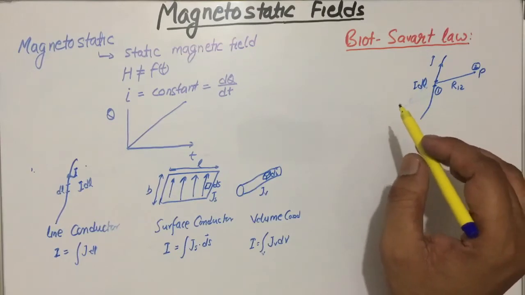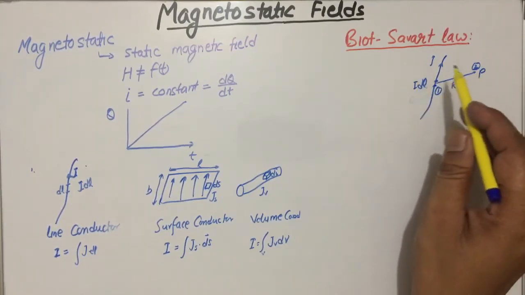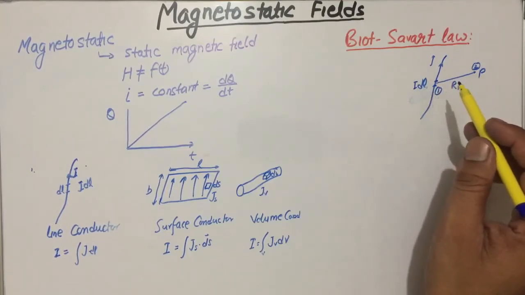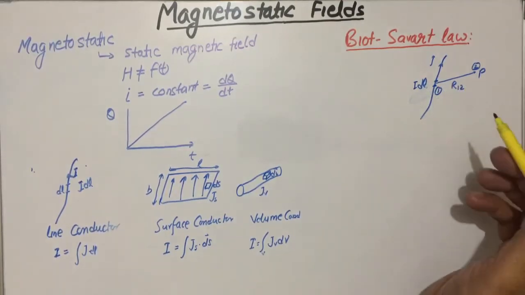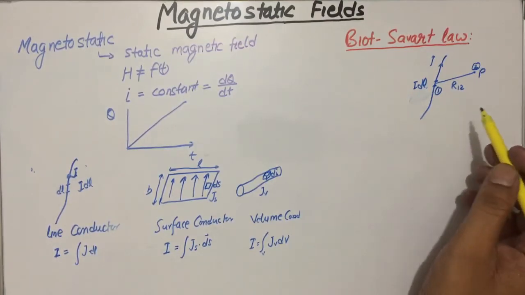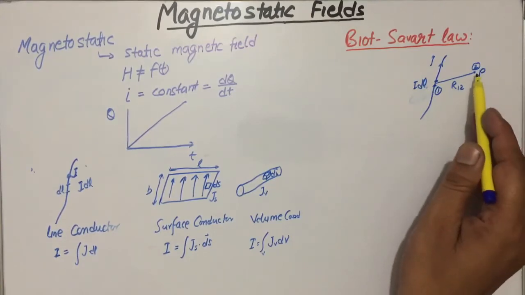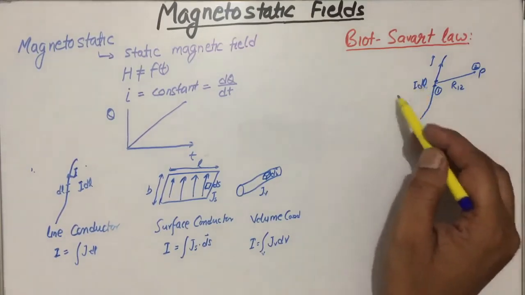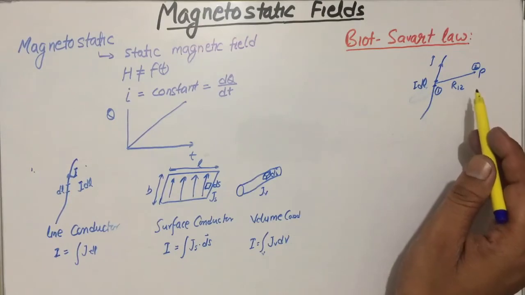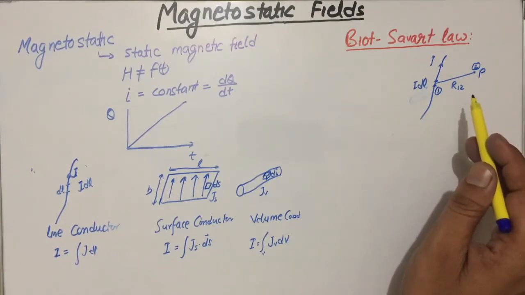The magnetic field is defined as the region around the current carrying conductor, a region in which a magnetic material gets forced. If a magnetic material is placed in the surroundings and it experiences a force, then that is due to the magnetic field.